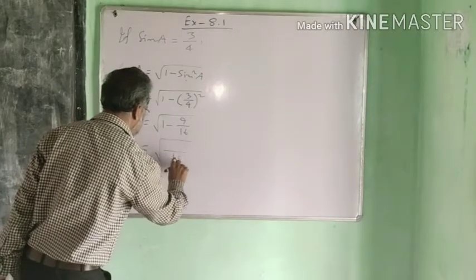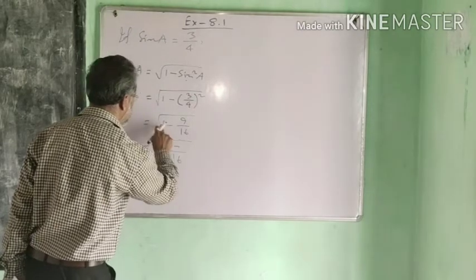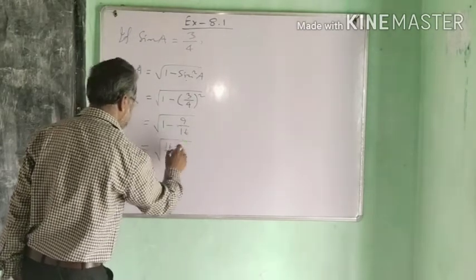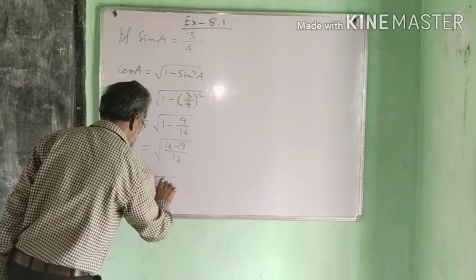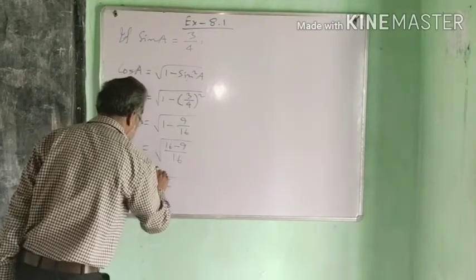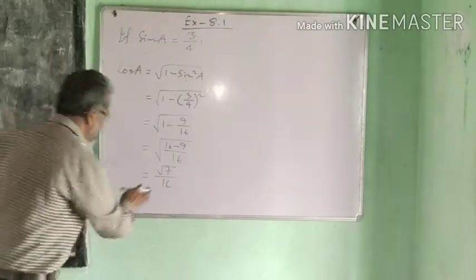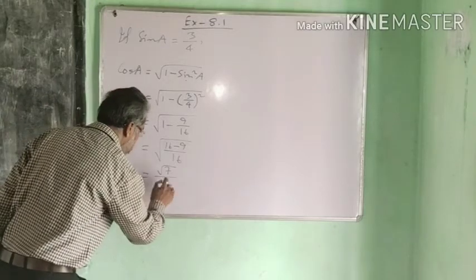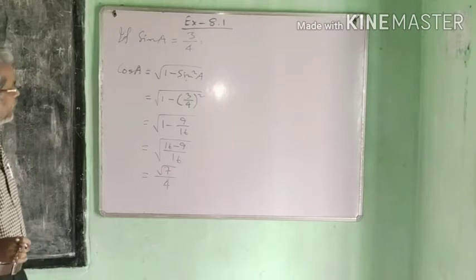We get LCM 16, and the numerator ultimately 16 minus 9, which is 7. So it is square root 7 divided by square root of 16 is 4. Square root 7 by 4.